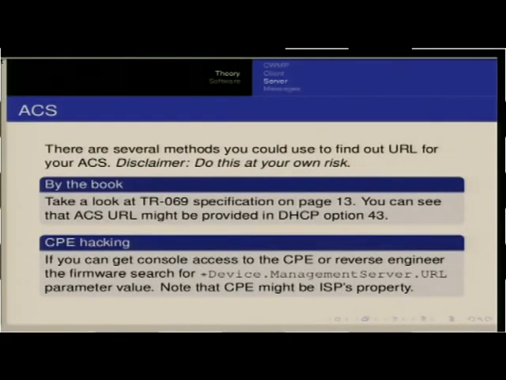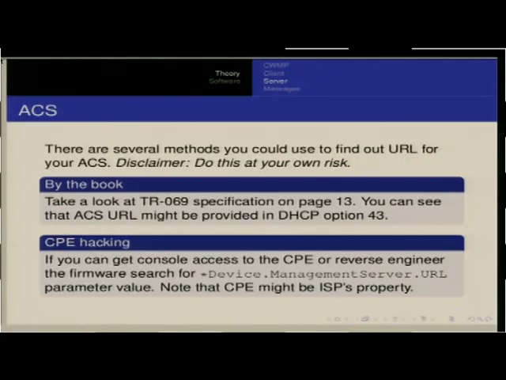So, how can you find the URL for your ACS? You could do it by the book. You can look at the TR-069 specification on page 14. You can see that the ACS URL can be provided in DHCP option 43. Often the ISPs have a separate interface for management, so if you use DSL, you will have to find your PVC settings for that one.